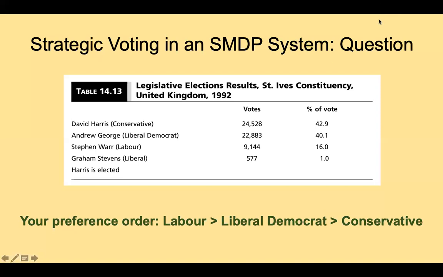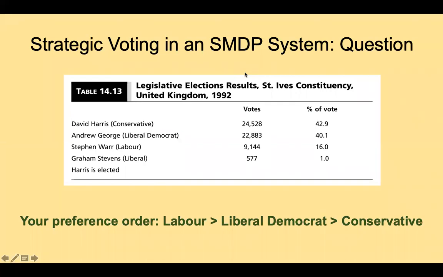Does anyone have any questions about strategic voting in a single member district plurality system? Do you see how the institutional setup encourages voters to vote strategically or to sort of eliminate their most preferred candidate if that candidate does not have a chance of winning?